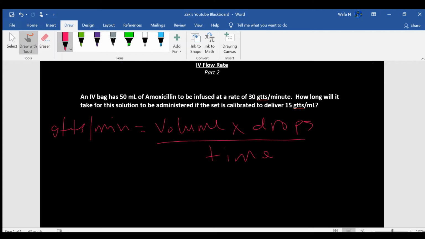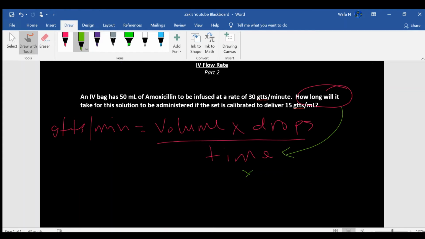So the question is how long? The how long is the time. That belongs to the time. That's what we're looking for. So this is technically our x. Keep that in mind.